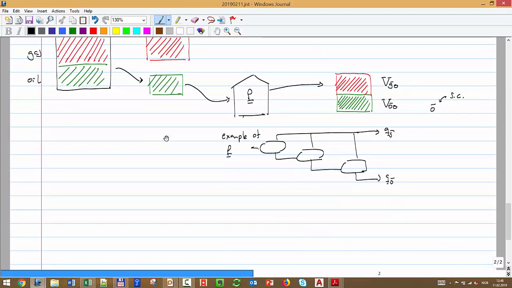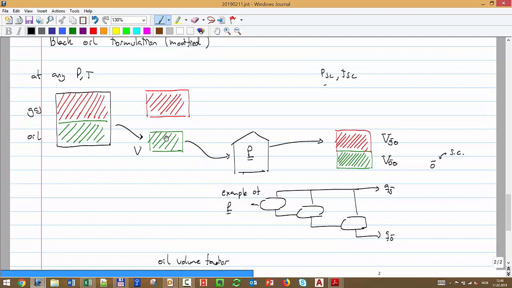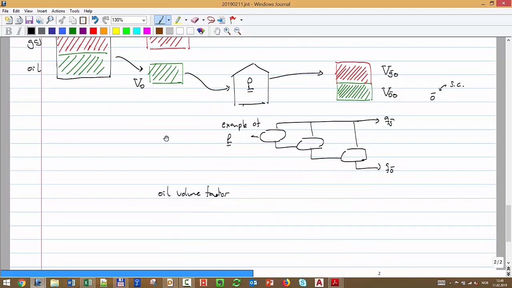Okay, so petroleum engineers simply define a property called oil volume factor, which is simply the volume of oil divided by the volume of oil from oil, and the factor is called BO.